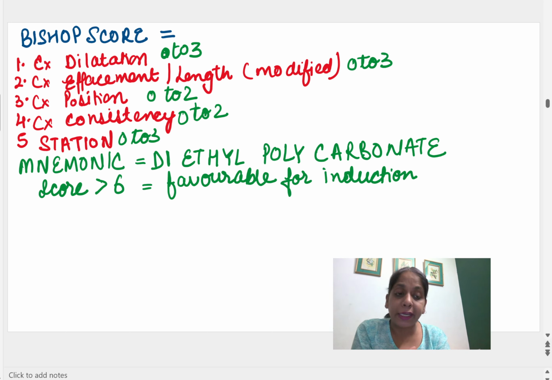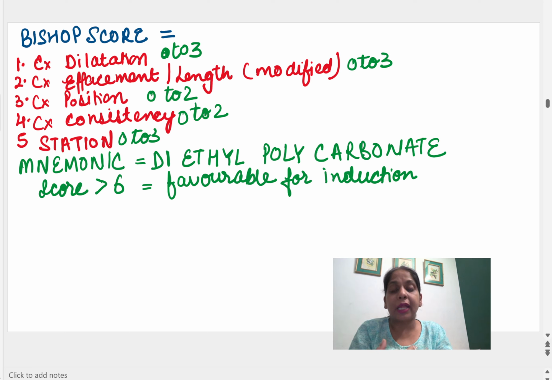In the modified Bishop score, instead of effacement it is cervix length. Okay, D stands for dilatation, E stands for effacement. Once again I am telling you, in the modified Bishop score, instead of effacement there is length.